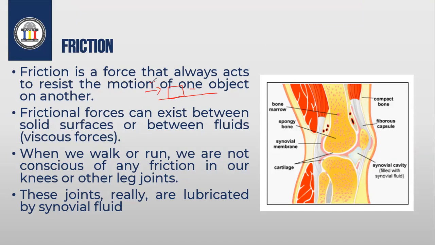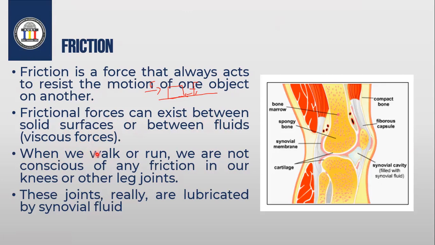This is the normal force, and this one I will name Fs. This force is applied against the motion that you did, and we name it a friction force. A friction force can exist between two solid surfaces or between fluids, where it may be called viscous force.